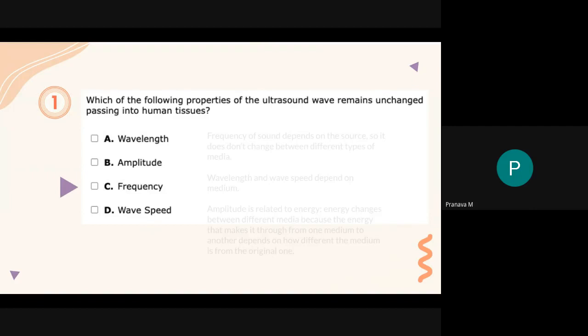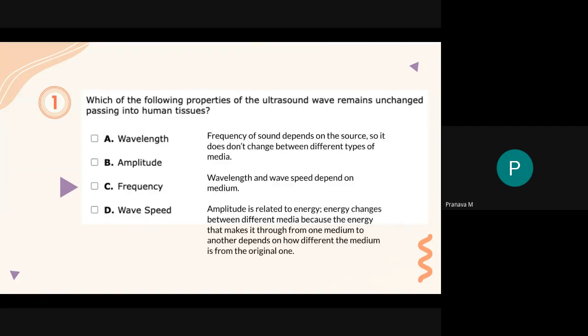Frequency of sound depends on the source, so it doesn't change between different types of media, so it wouldn't change going from the air into the human tissues, whereas wavelength and wave speed do depend on the medium.